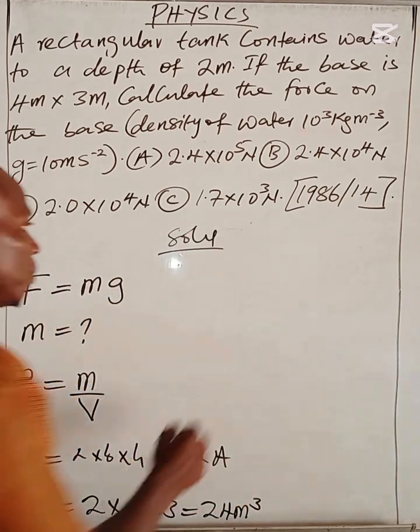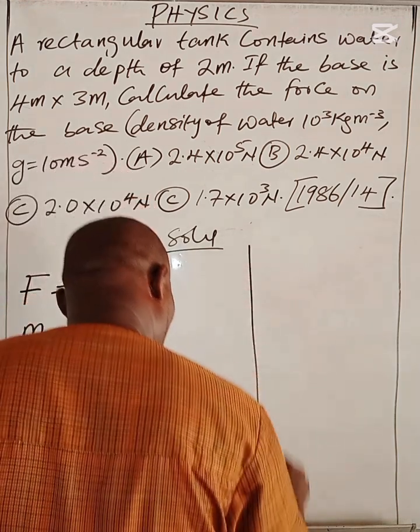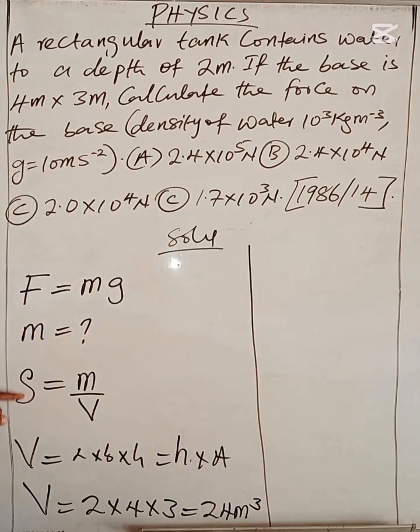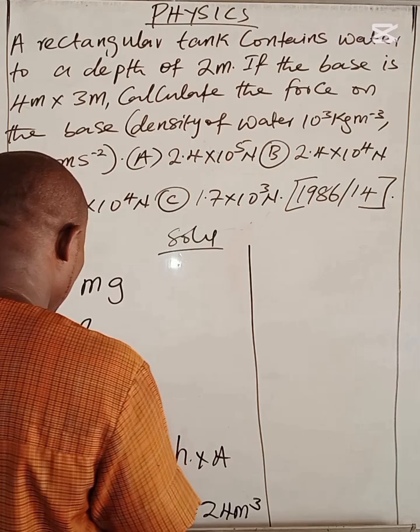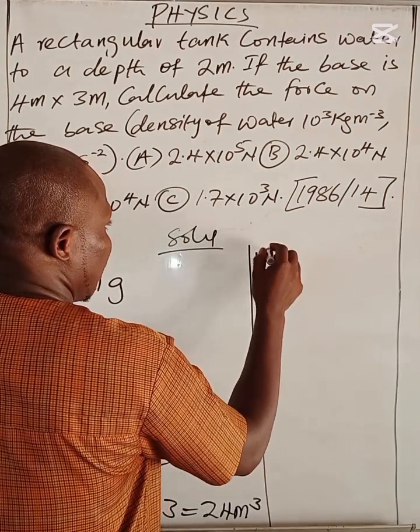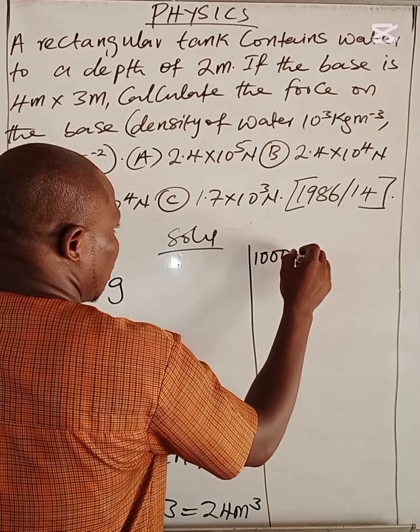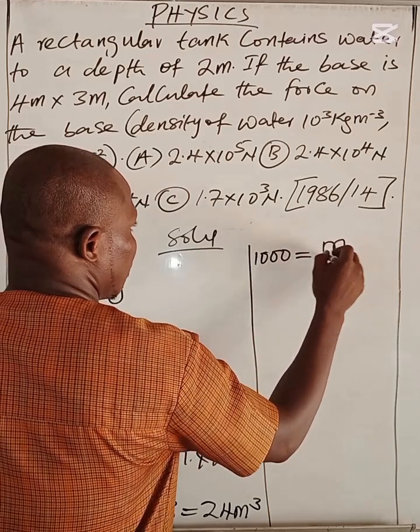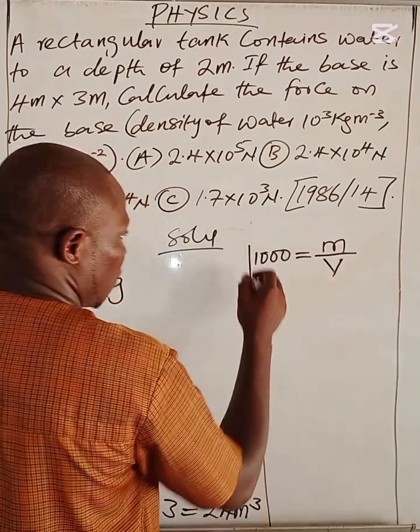Now, having found volume, we come back to this point and find our mass. The density is 10 raised to power 3, which is the same thing as 1,000, equal to mass over volume. We cross multiply.